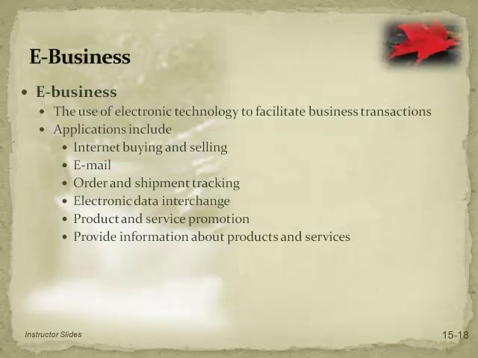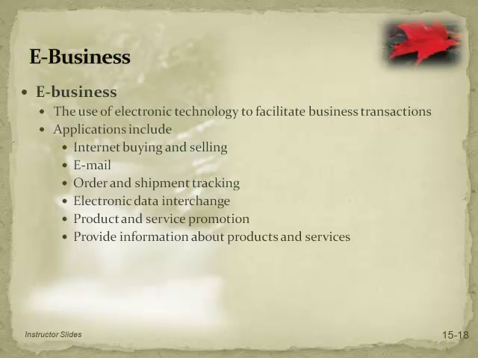E-business is an extremely important activity that takes place in purchasing. The internet and other electronic technology capabilities have allowed companies to buy and sell from each other with much ease in the last 15 to 20 years.